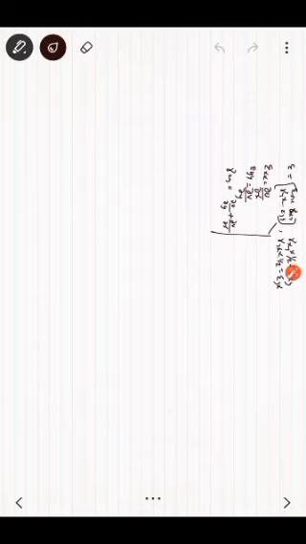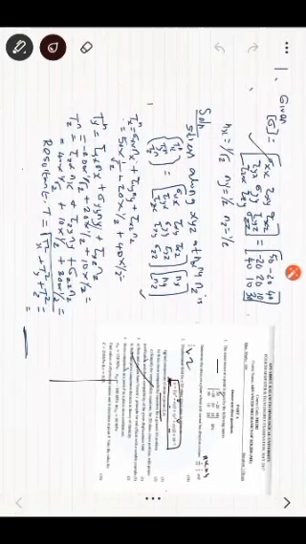So I have to write out the u value. The u value is x square plus xy, and the v value is y square plus xy.